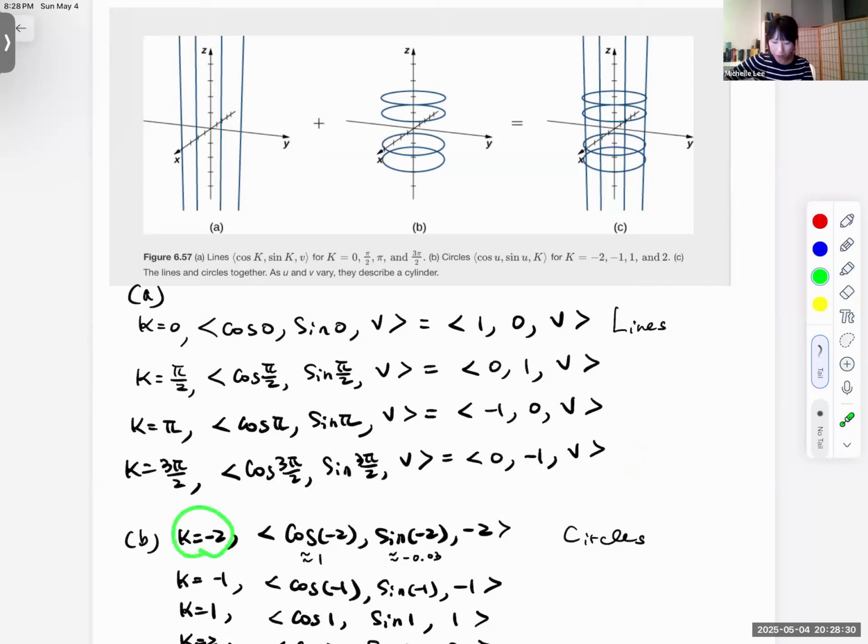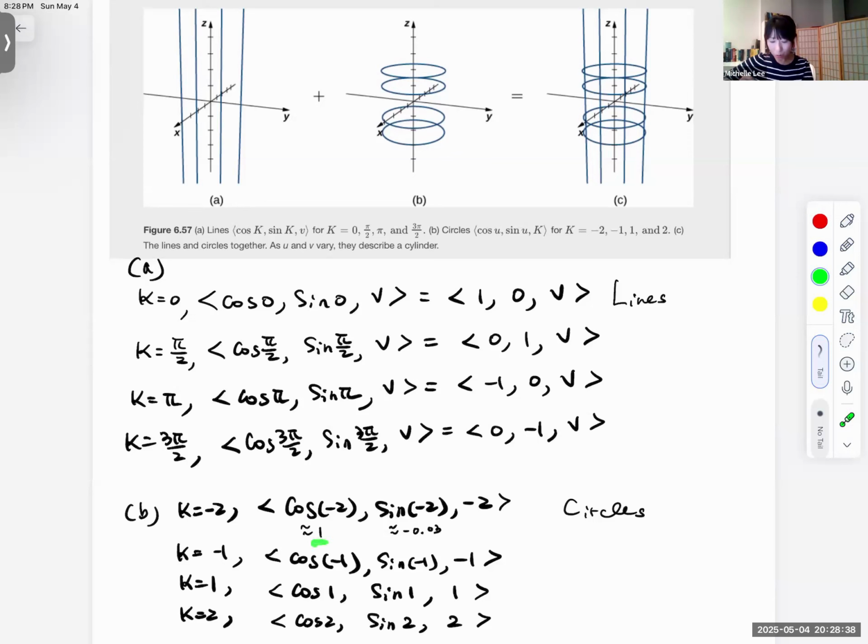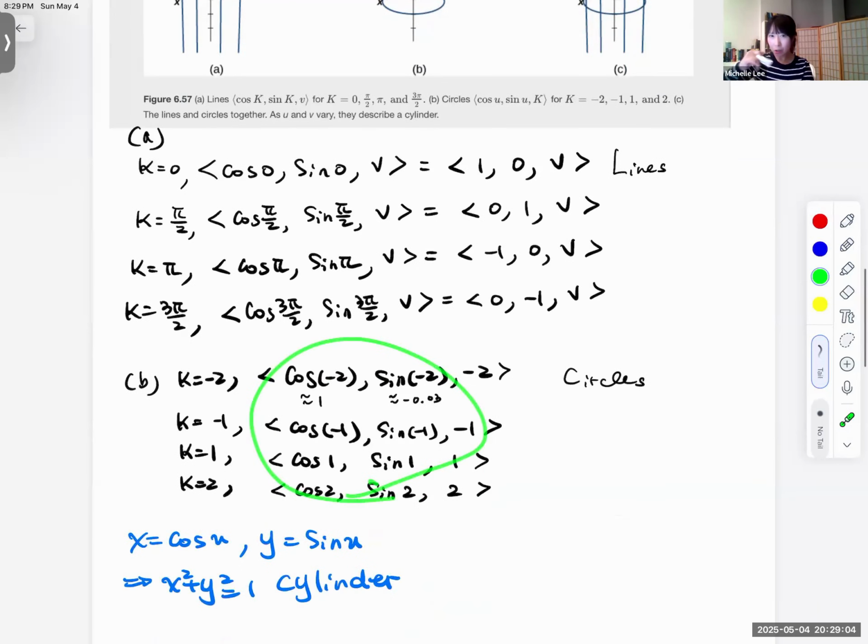When k equals negative 2, we plug in cosine negative 2, sine negative 2, and we get approximately (1, 0.03, negative 2)... over here (1, negative 0.02, negative 2). We plot the points, connect the rest, and we get the circle there.